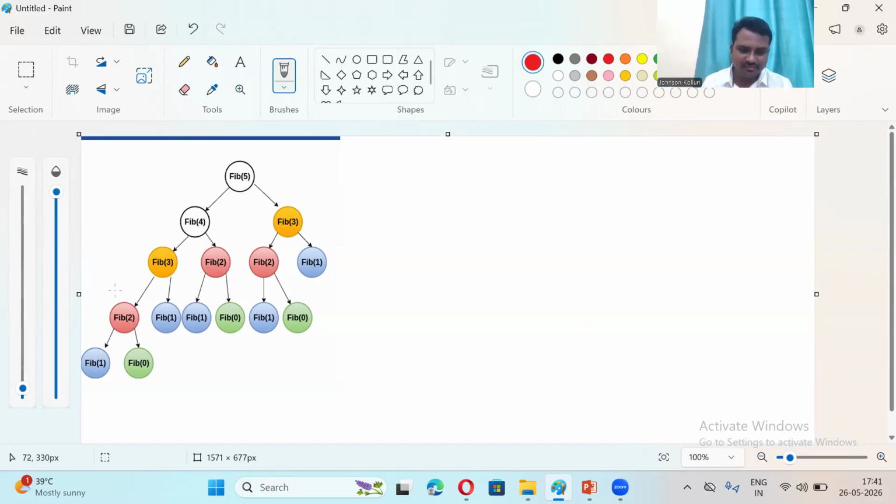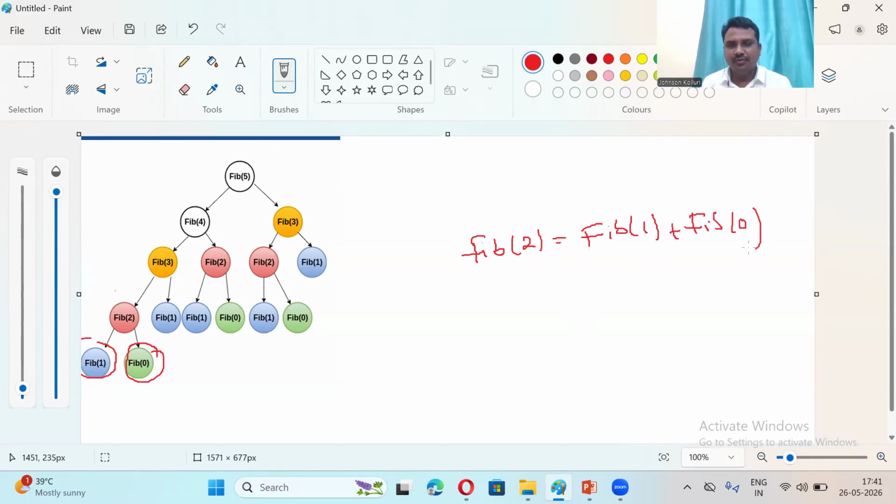What is the value of Fib2? Fib2 is coming from Fib1 and Fib0. The value of Fib0 is 0, and the value of Fib1 is 1. Then Fib2 value is 1. It's already calculated. But here you can see in this recursion example that we already calculated the Fib2 value.